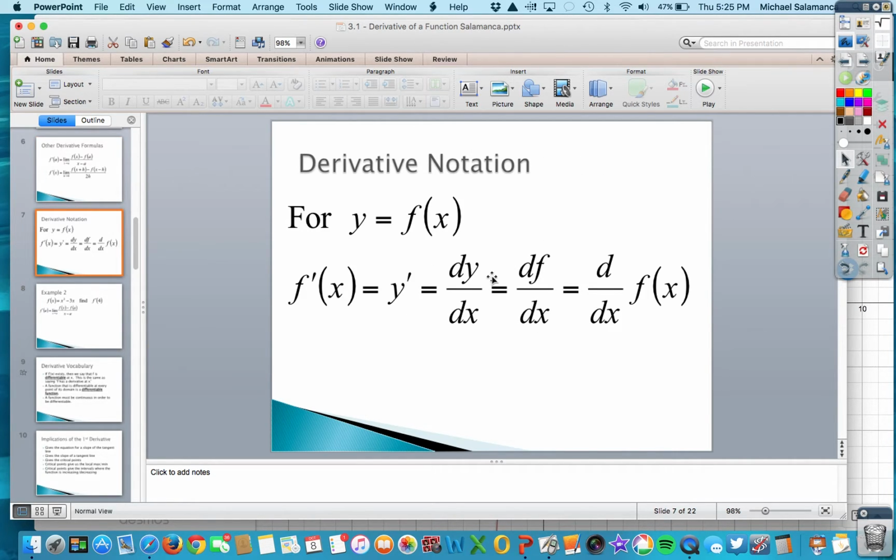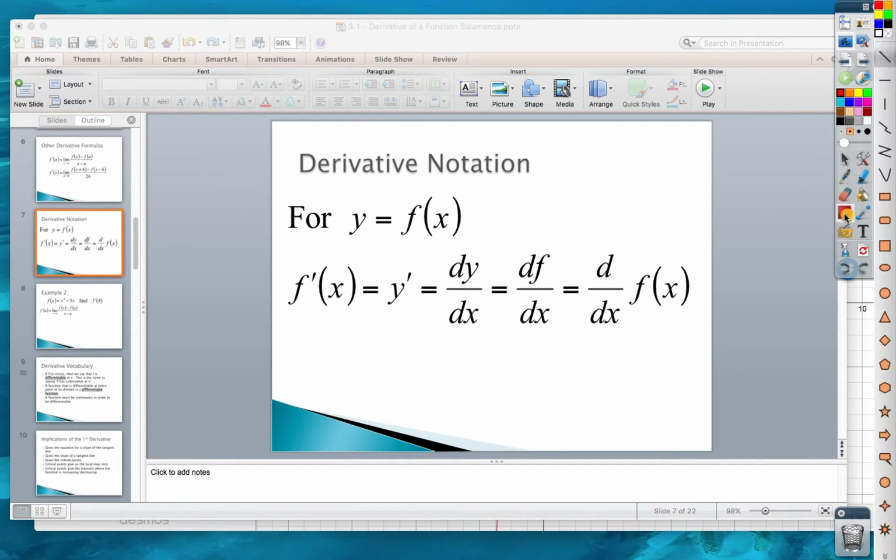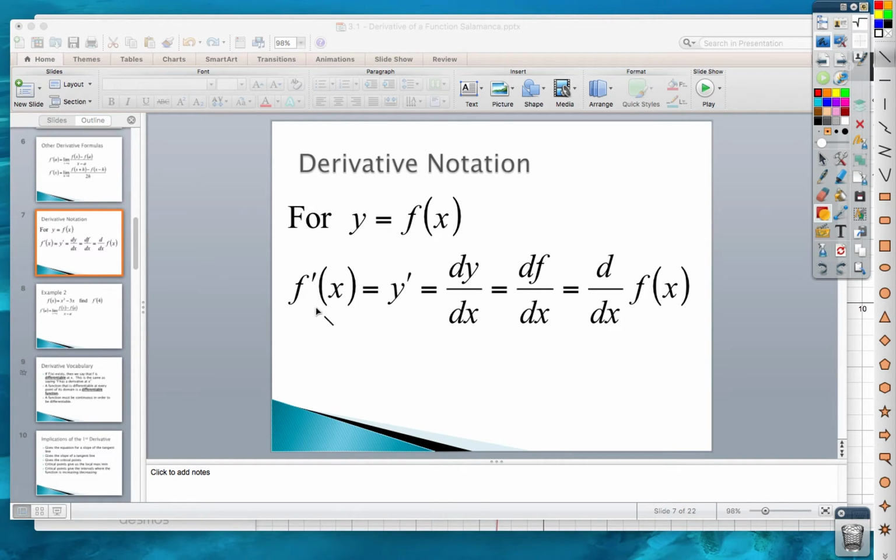So the derivative notation, it is listed and looks like what you're seeing here. f prime of x is the most basic. You'll sometimes see y prime, but a lot of times, especially as we get farther, it's going to be called dy dx. And if you think about it, d stands for delta, which is that little triangle, which means change in y, dy, and dx is change in x.